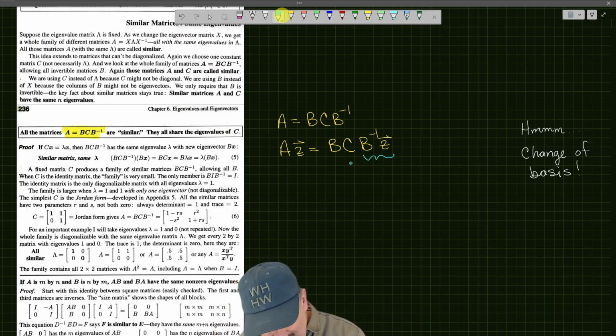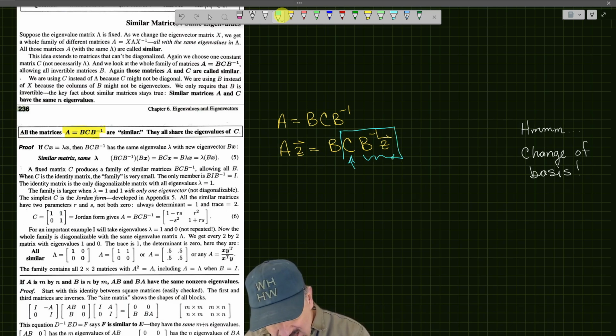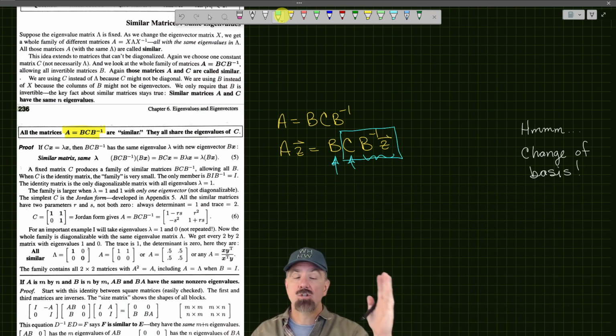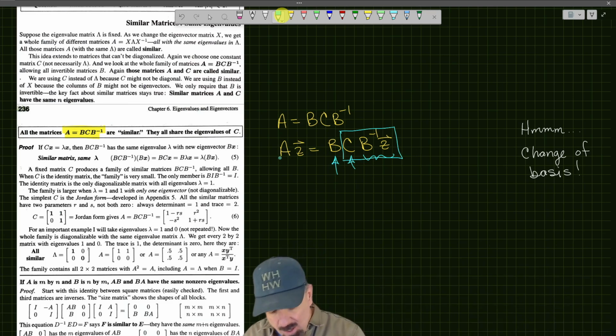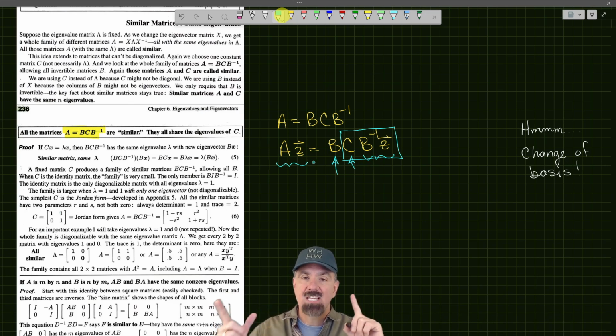Then we're going to apply the action in the matrix C, which is the same action as the matrix A. And the reason I know that's true is because once we've applied that action, we're going to transform back from the B basis to the standard basis, and we're going to have done the same thing that we would have done if we just multiplied by A. So A and C are similar matrices because they are performing the same action.